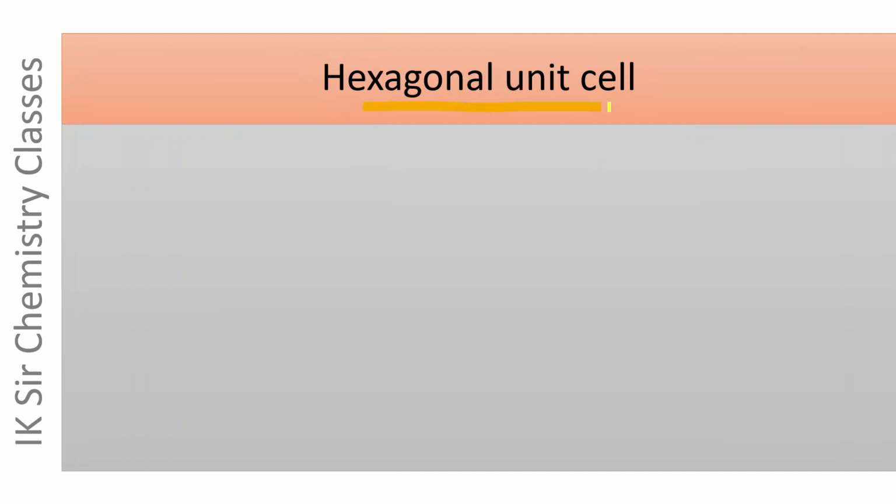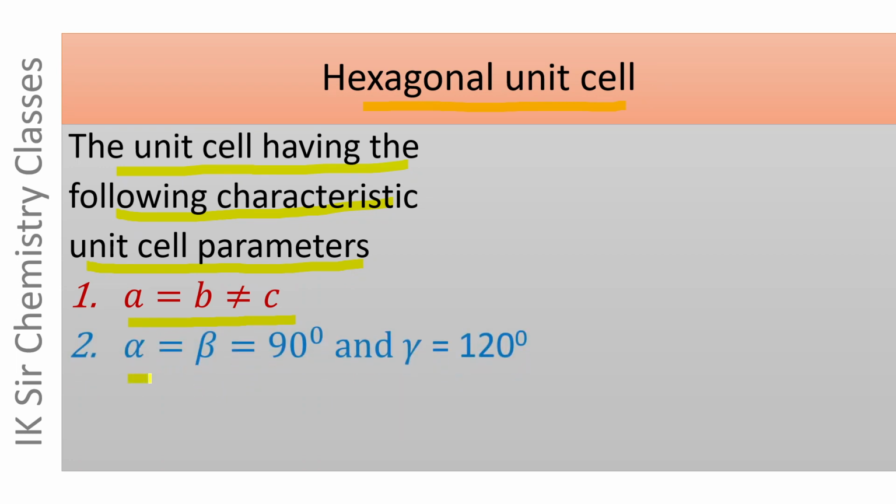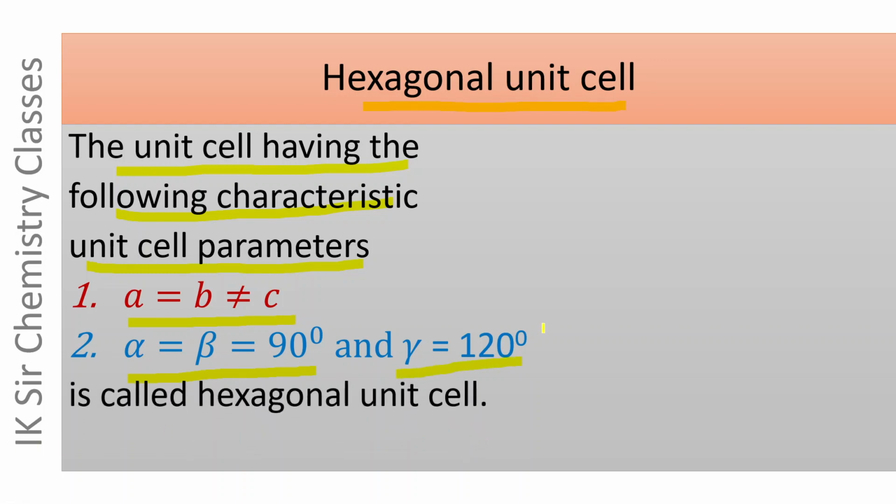Hexagonal unit cell. The unit cell having the following characteristic unit cell parameters: a is equal to b but not equal to c, alpha is equal to beta is equal to 90 degree but gamma is equal to 120 degree, is called a hexagonal unit cell.